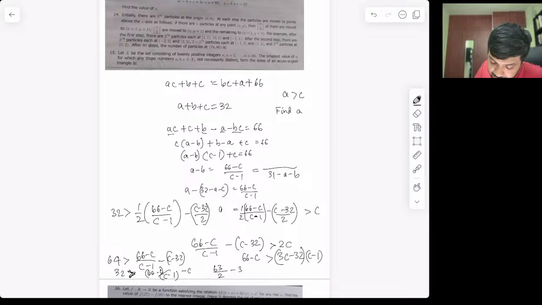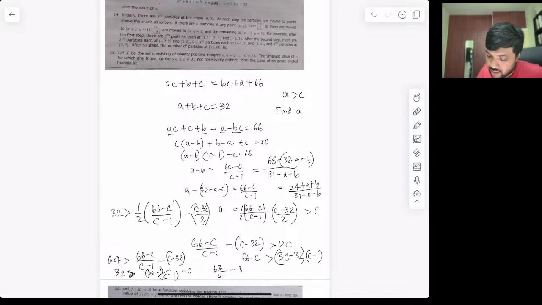And 66 minus c, you are writing on the top as 66 minus 32 minus a minus b. And this is 34 plus a plus b. Correct. That is true.